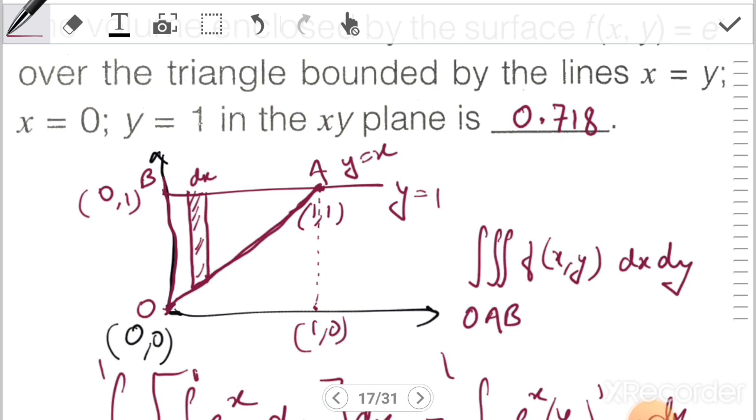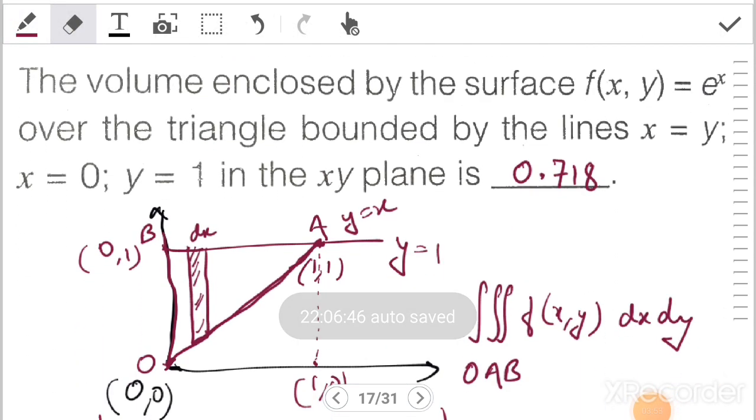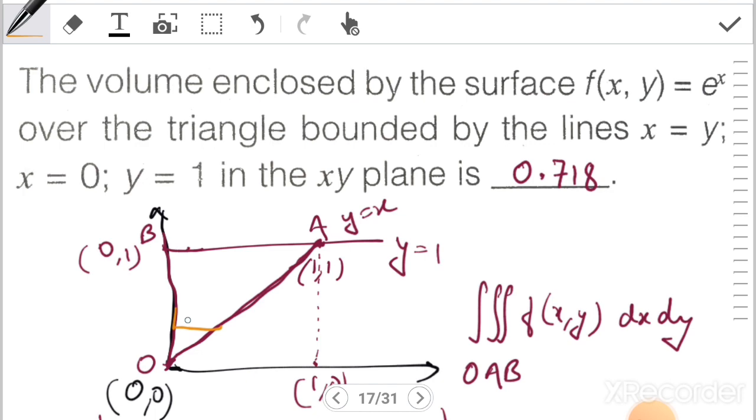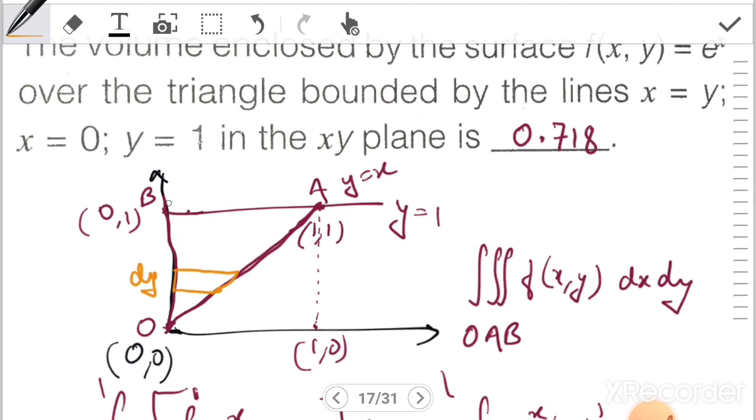So now let us take a horizontal strip. Okay. So if we take a horizontal strip here, of width dy, in a horizontal strip y is constant and x varies from 0 to x is equal to y.